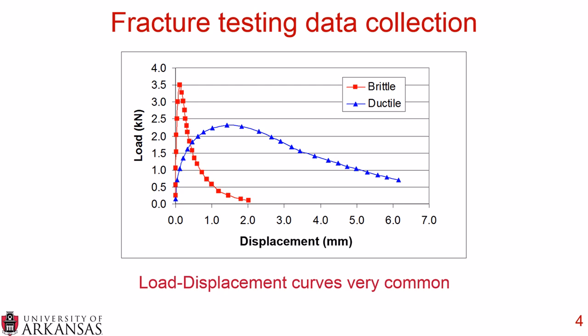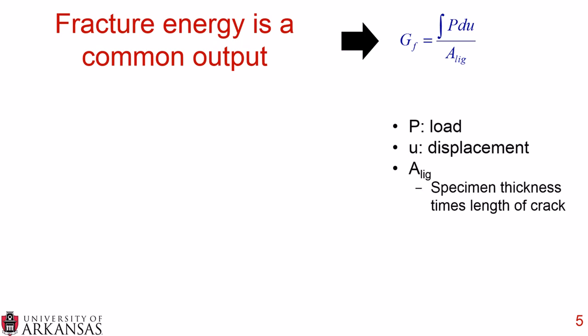And we'll talk a little bit specifically about fracture energy, and this is how you calculate fracture energy. It's the integral of the load over the displacement divided by the ligament. So here P equals the load, U is the displacement, and A_lig is the area of the ligament, which is the specimen thickness times the length of the crack.